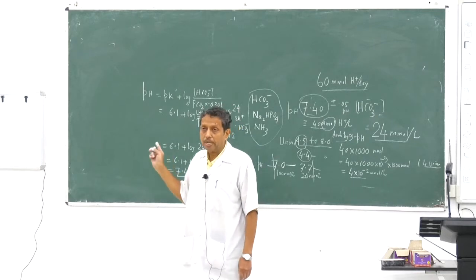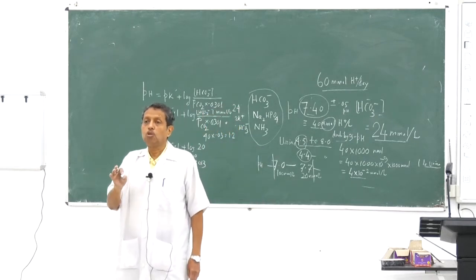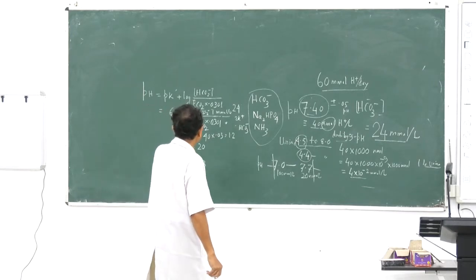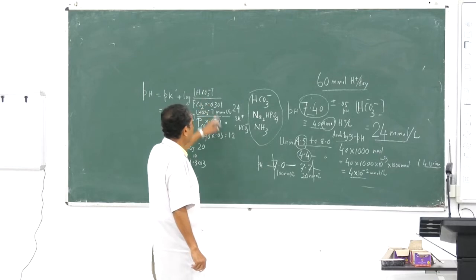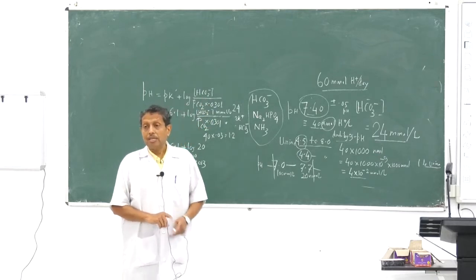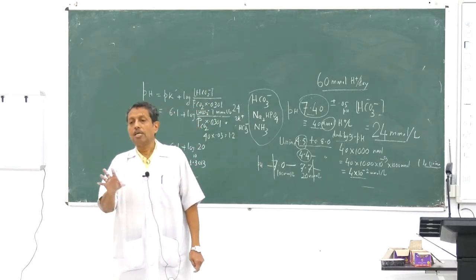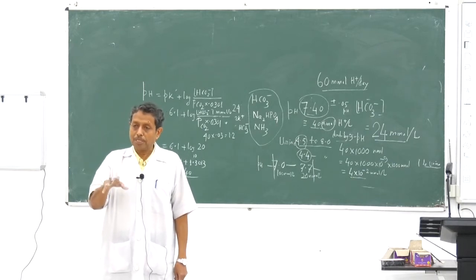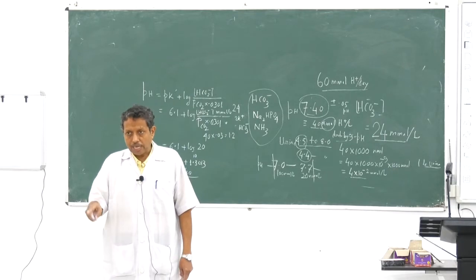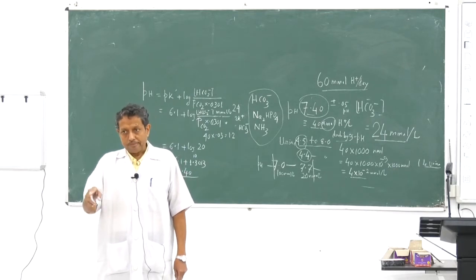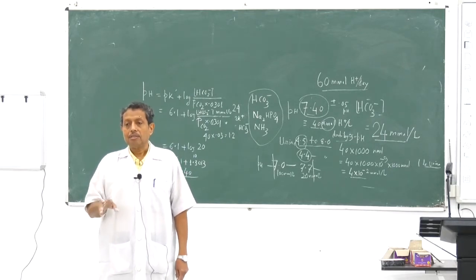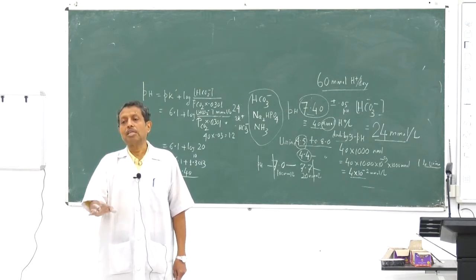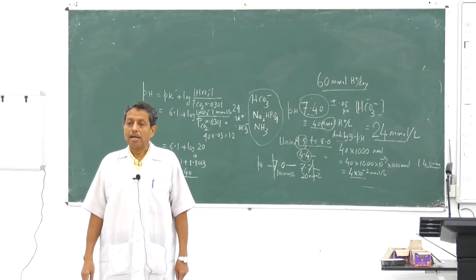Now this bicarbonate is produced within the cell from the reaction of carbon dioxide and water. Carbon dioxide is present within the cell, either generated by metabolism or coming from the plasma, and it is then hydrated quickly by carbonic anhydrase, and you get the hydrogen ion and this bicarbonate ion.